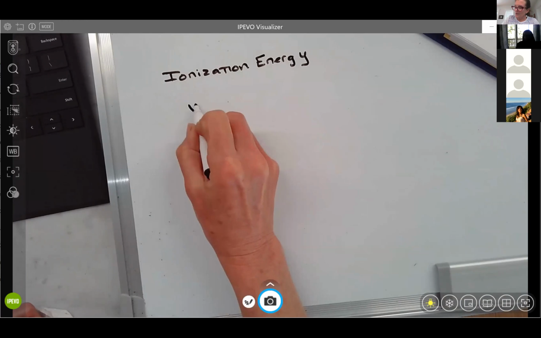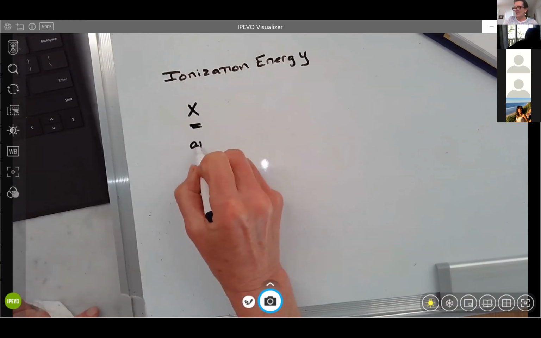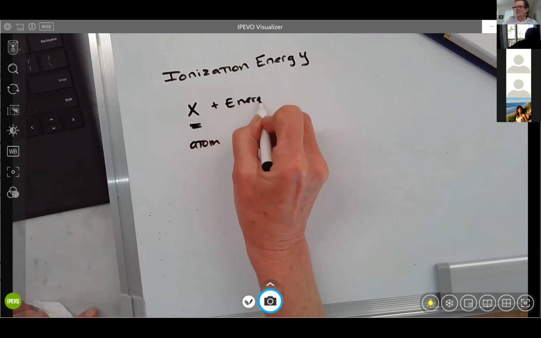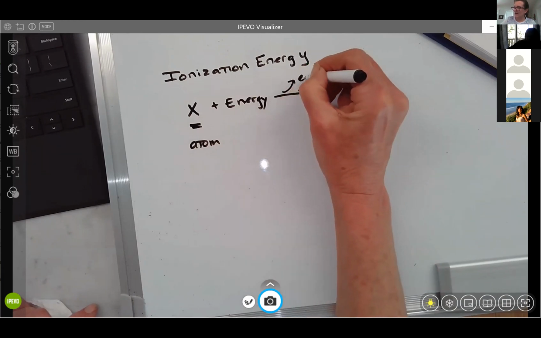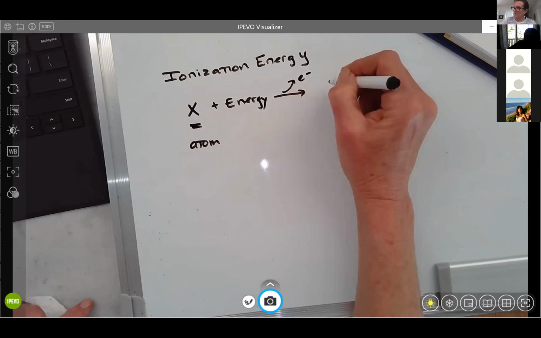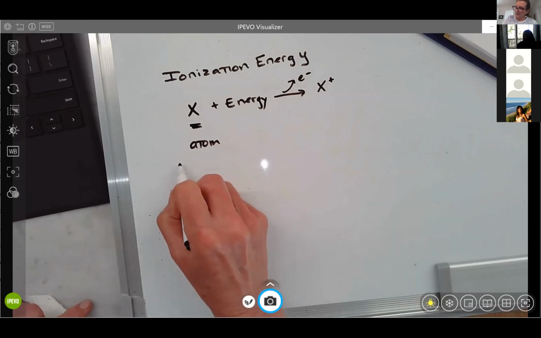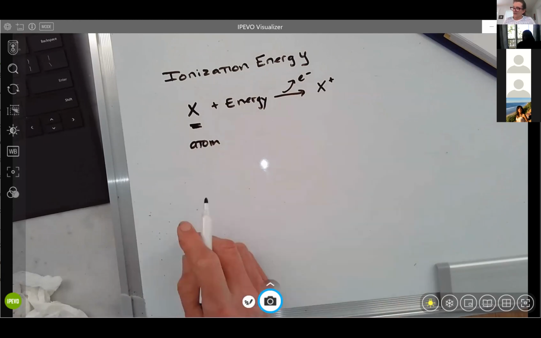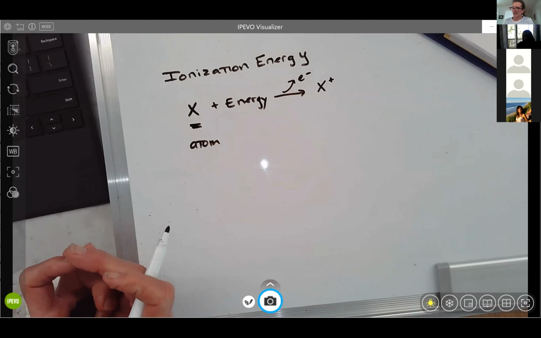Ionization is when you have some atom, could be anything, and you give it energy, and the energy is enough to kick an electron out of the atom, and you wind up with an ion. So the more energy you need to add to eject an electron is a statement of how tightly held the electrons are to that atom.